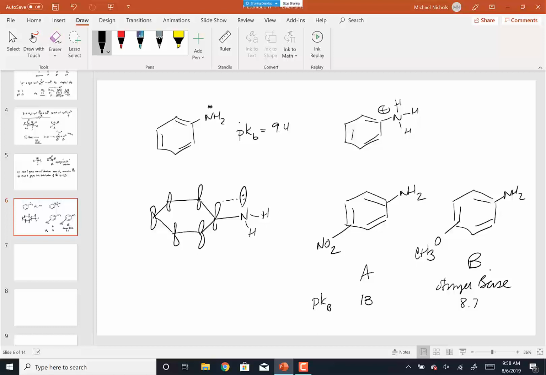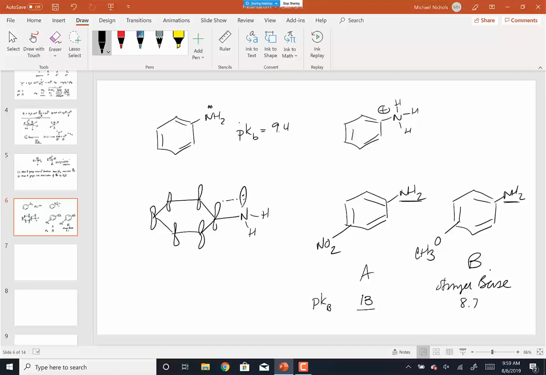Okay, so that's the basicity of amines. Of the NH2, yeah. Well, it's the pKb of the NH2 to form the NH3+. So if I gave you the NH3+, we'd actually have to go back and, as the book does, the book will give you NH3+, and it'll give you the pKa of that as an acid.